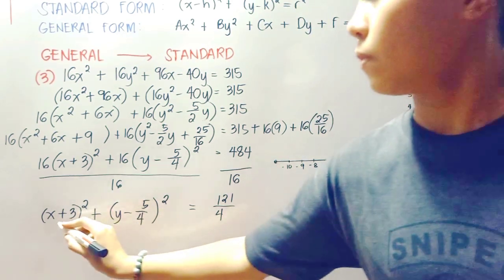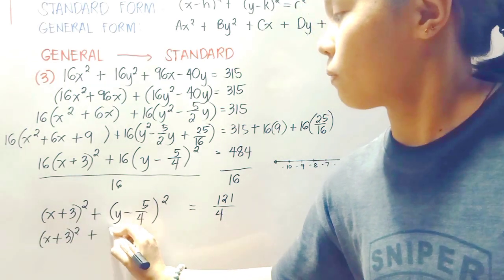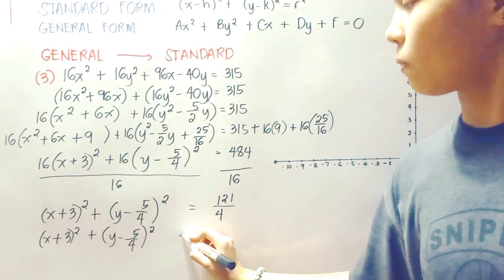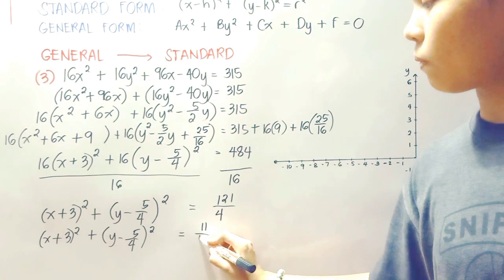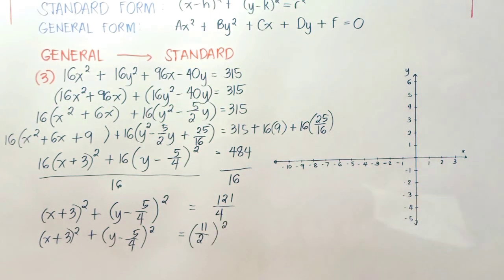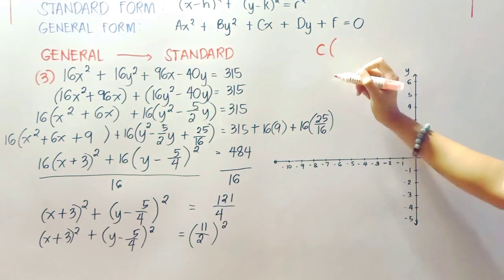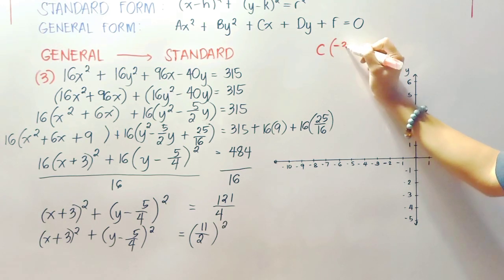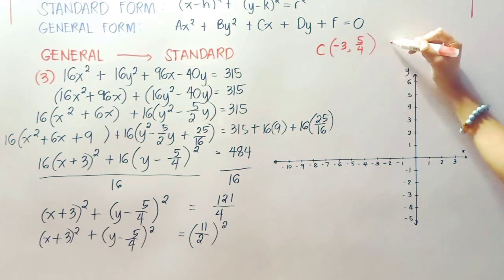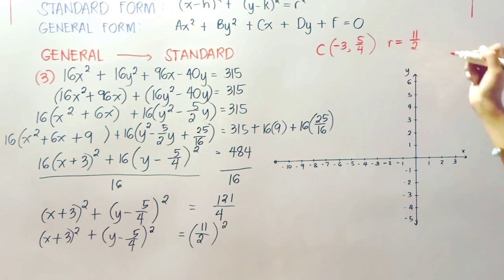Now we have to make it in r squared form, so just copy and then this is 11 over 2 raised to 2. From this we'll get our center, so that is positive, so our h is -3 and our k is 5 over 4 and our radius is 11 over 2.